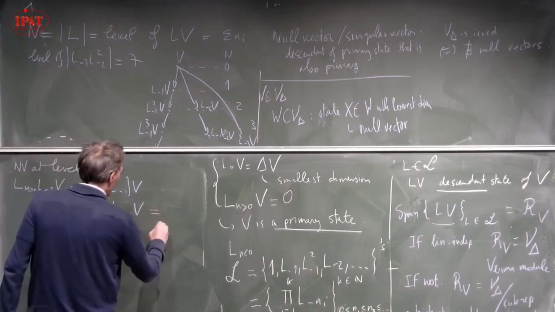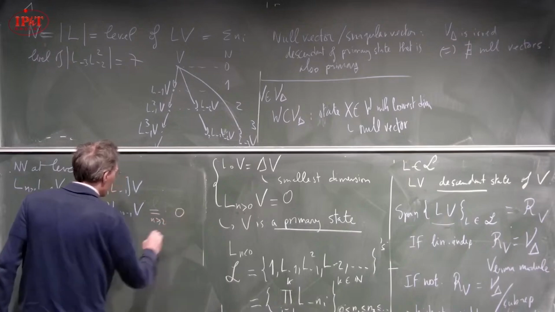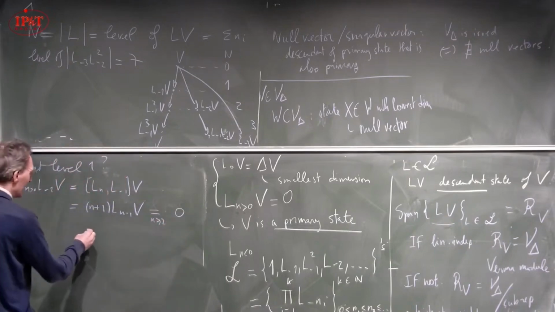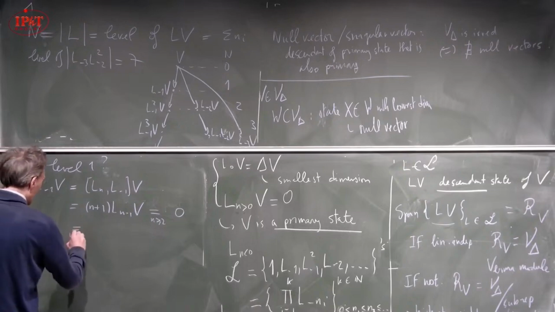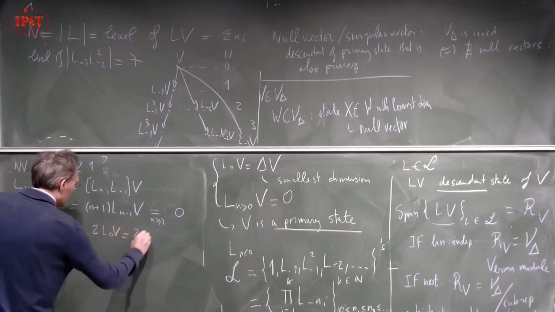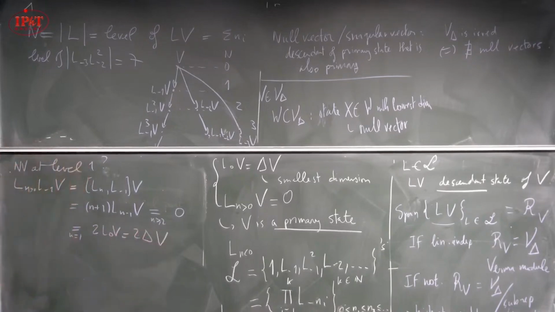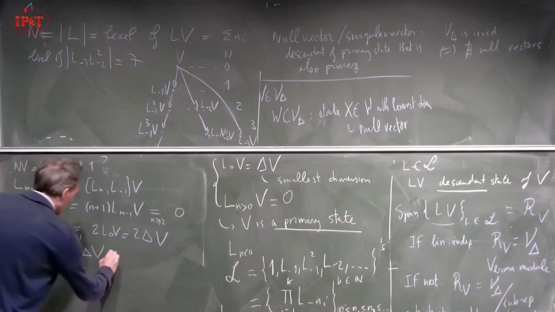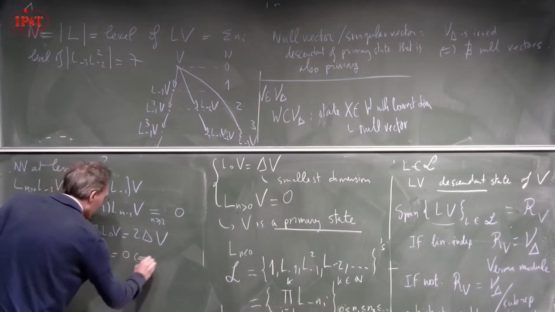Well, if n is 2 or more, that's 0 because V itself is primary. But if n equals 1, I get 2 L0 V, which is 2 delta V. So let me write this: L1 acting on L minus 1 V is 2 delta V, and that is 0 if and only if delta is 0.